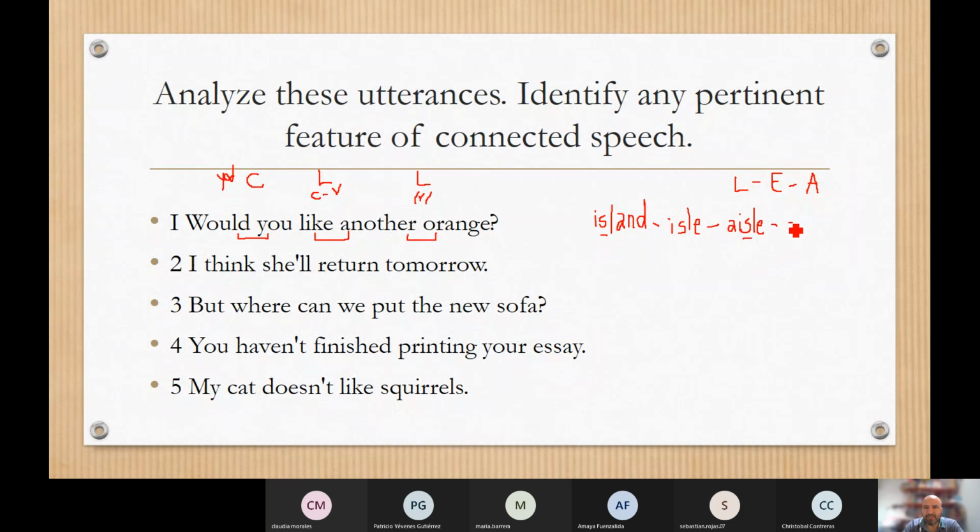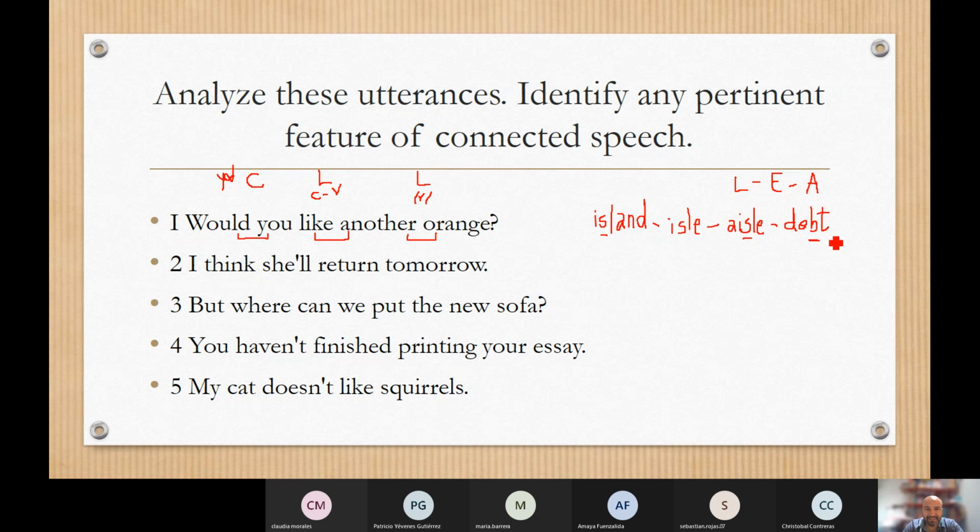And in many words there are letters or graphemes that are not pronounced, such as in the word debt, which means deuda in Spanish. You don't pronounce this b, so you go from de to t, debt. So these are types of elisions. Some of them are historical elisions, meaning that 100 years ago these sounds were pronounced in a different way, including those sounds. But then later on, the language evolved, changed, and these sounds disappeared.